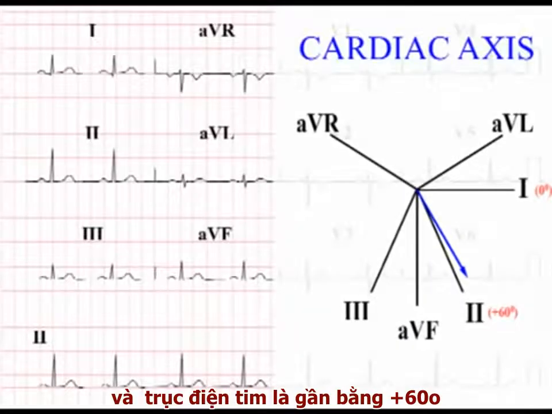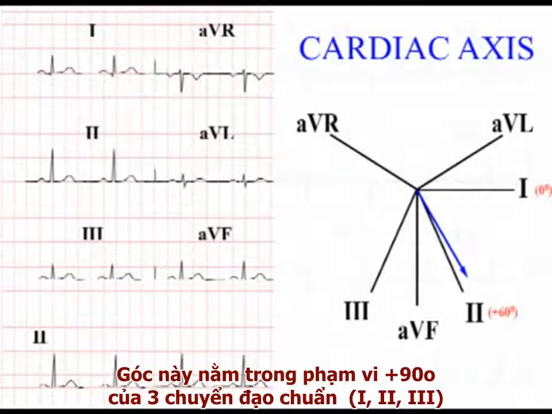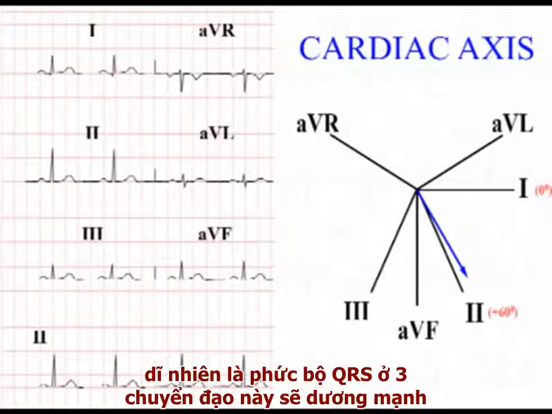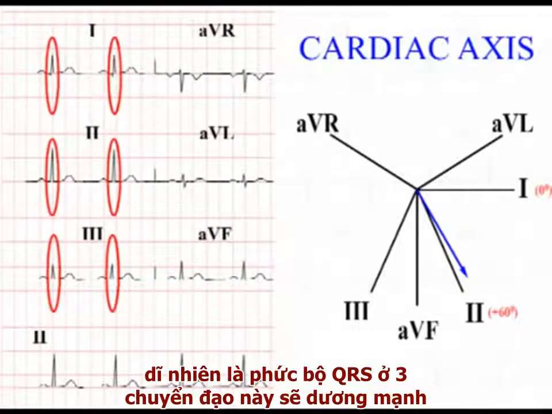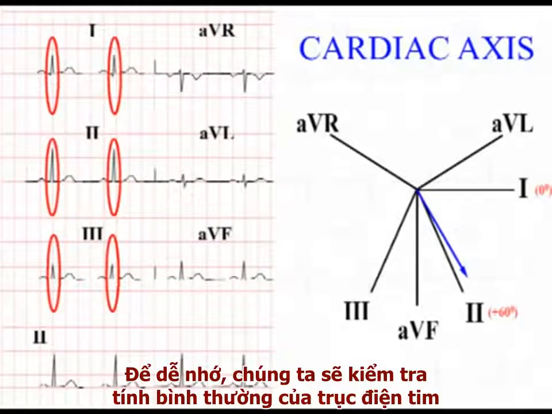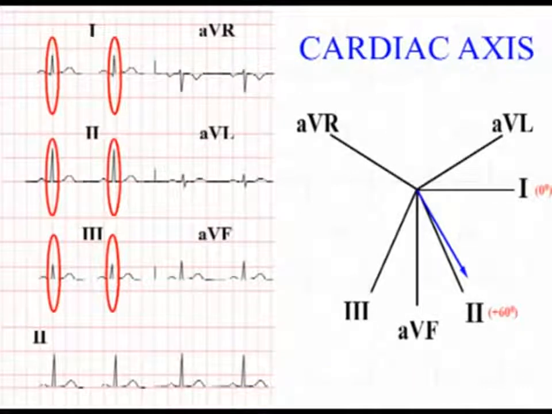With the cardiac axis close to plus 60 degrees, this is well within 90 degrees of the 3 standard leads, and in this normal situation, the QRS complexes in these three leads are strongly positive, with dominant R waves. Get into the habit of recognizing this normal pattern down the right-hand side of the ECG.